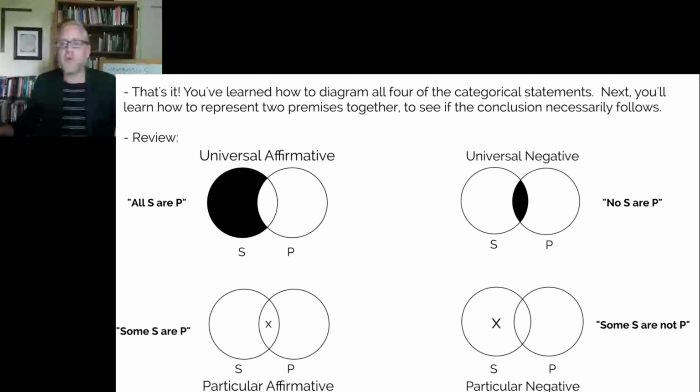And that is going to allow us to determine validity. You have not learned how to do that yet, right? This is just the ground rules here. We're just getting started. Okay, I'll see you soon.